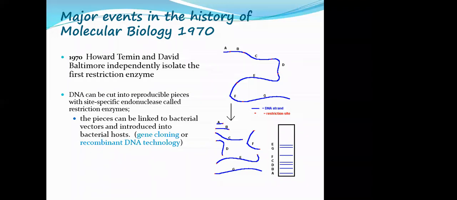These are the enzymes that cleave parts of this DNA. And now DNA can be cut into reproducible pieces with these so-called restriction enzymes, also referred to as endonucleases. And this is the basis for recombinant DNA technology or gene cloning.